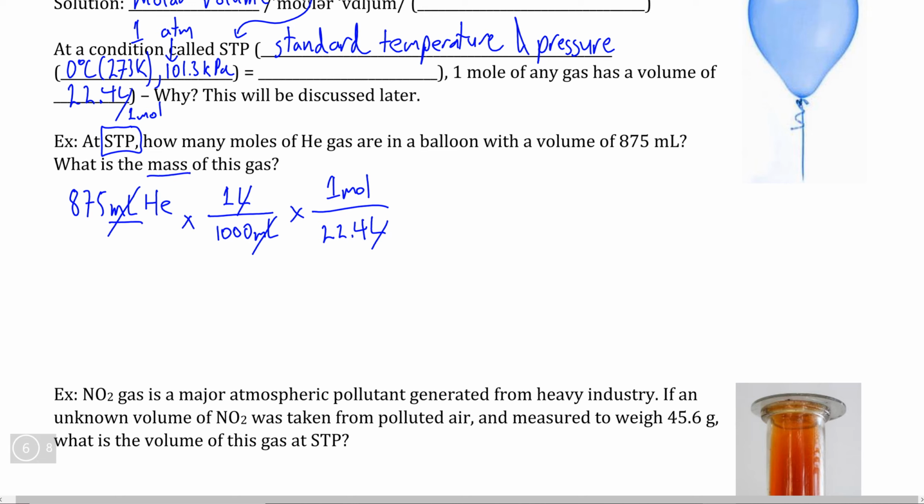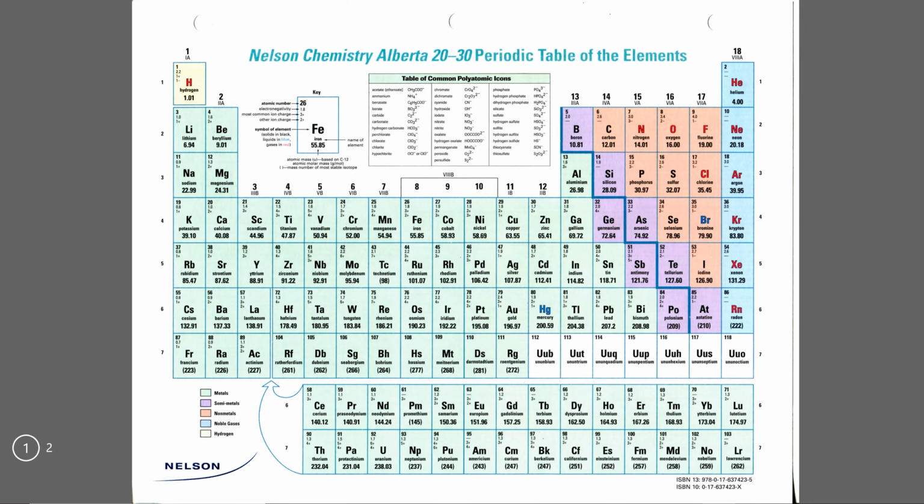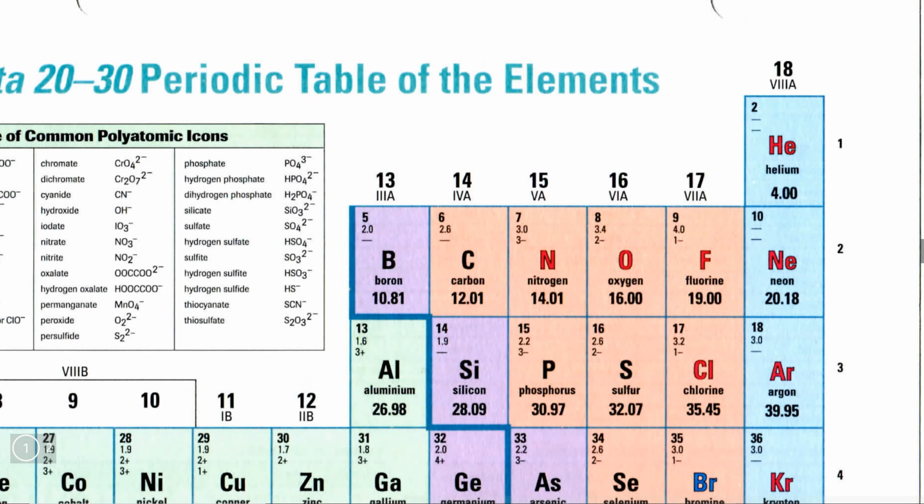But since the question asked for mass, we have another unit conversion to do. Now, we need to find out how many grams, rather, 1 mole of helium gas weighs. So let's go to our periodic table and find that helium has a molar mass of 4.00 grams per mole.